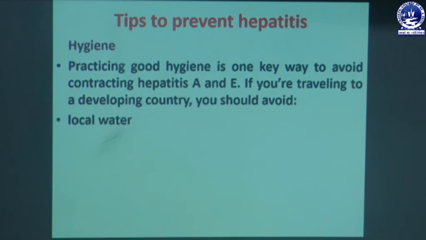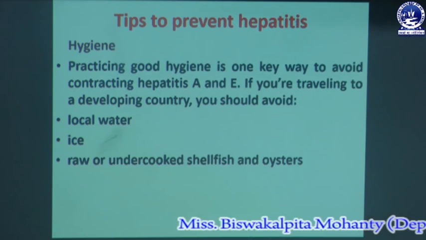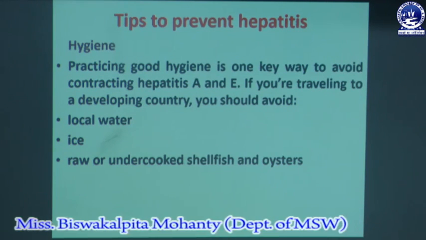There is local water also. We have to avoid local water, and when drinking water, we have to take proper and pure drinking water. We have to avoid ice, raw or undercooked shellfish and oysters, and raw and undercooked food, through which we can get different viral infections.